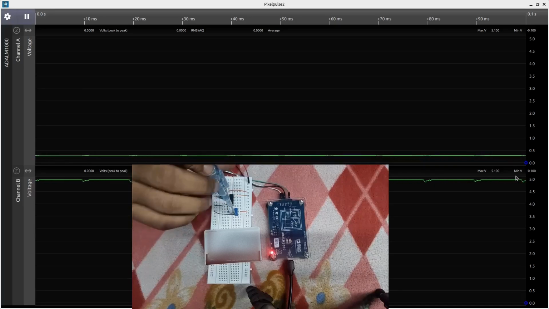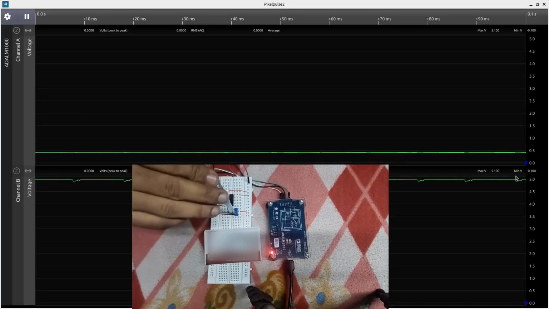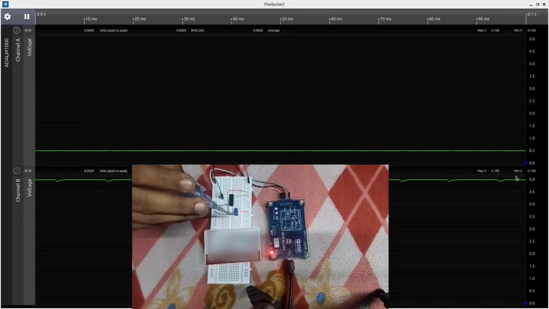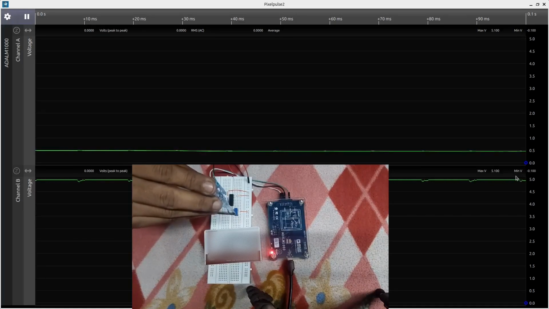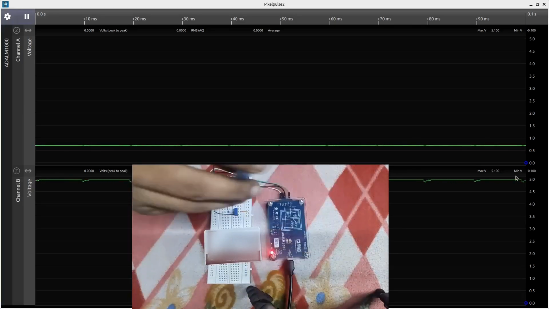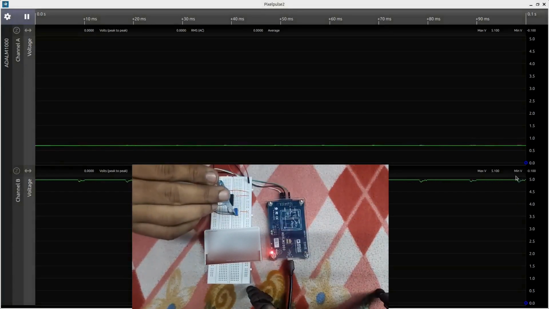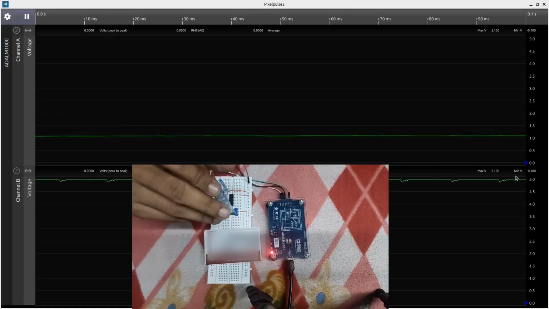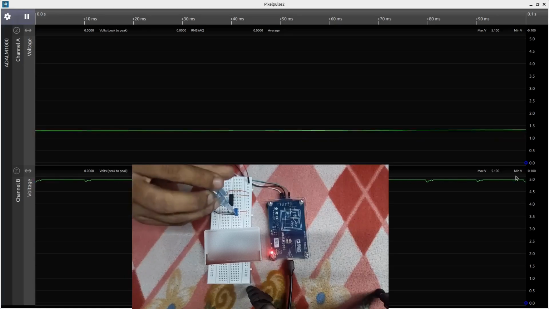We can see if we rotate the potentiometer clockwise, the input voltage at pin 2 is increasing and the output voltage at pin 3 is not changing. That means this is the noise that the IC can handle. If we still increase the input voltage at pin 2, we can see the output voltage is not changing.